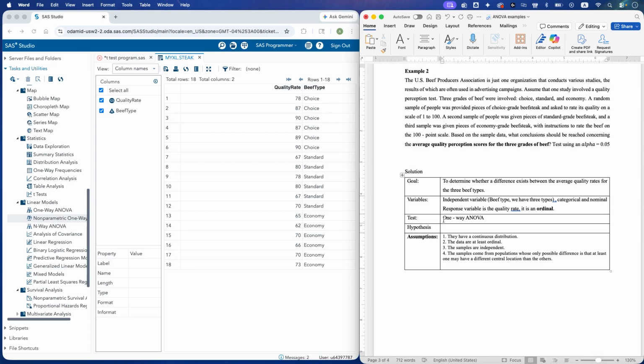When you have an ordinal response, that means we're going to switch to non-parametric tests, which in this case is the Kruskal-Wallis H test. So we want to switch to the Kruskal-Wallis one-way ANOVA test.